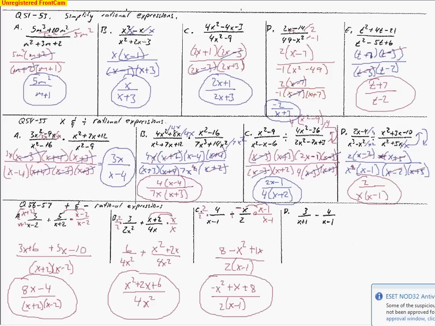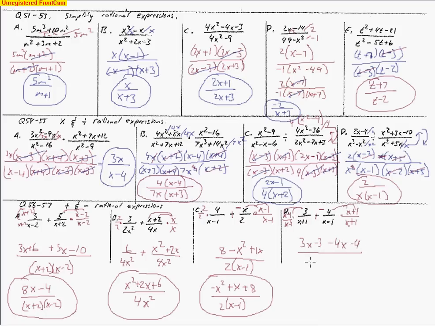Last one here. Again, look for that common factor, but you don't see it. So change it to an addition problem right away. Multiply this side by x plus 1 over x plus 1. This side needs an x minus 1 over an x minus 1. So we go ahead and do some distributive property here. So 3x minus 3. Over here, do the same thing. Negative 4x and a negative 4. And then down below, you've got that same factor.